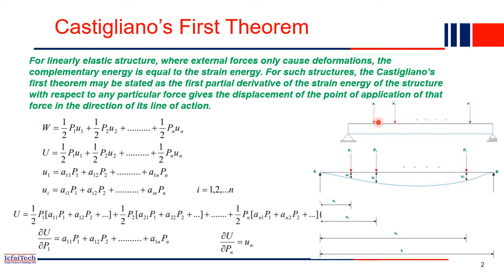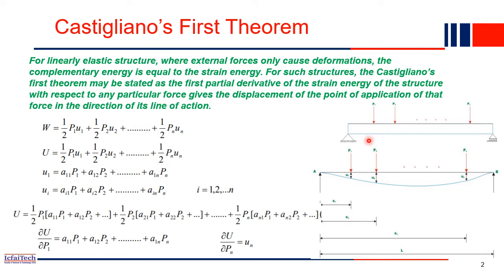So whatever external energy is given to the structure will be stored inside the structure as internal energy, and the magnitude will be the same. That energy we call strain energy.